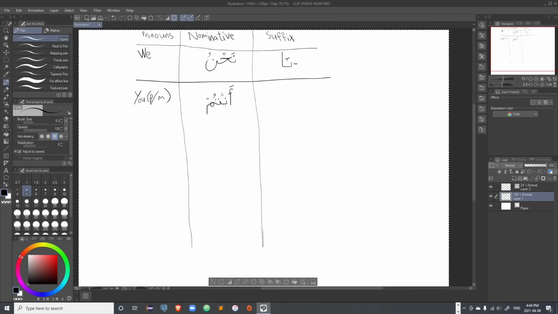The same three letters in the beginning, an, but instead of anta, antum, and there is no dual alif either. No antuma, it is antum. Then we will add the suffix. In this case it will be kum. Exactly the same as kuma, but without the alif that indicates duality. Kum.